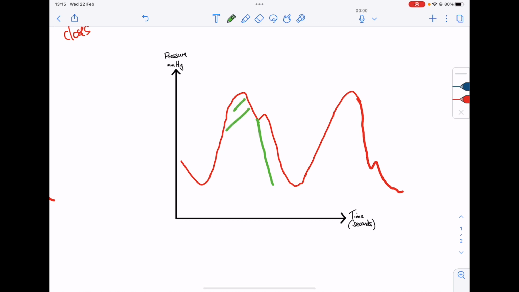So this is the volume ejected by the aorta as demonstrated by this waveform.